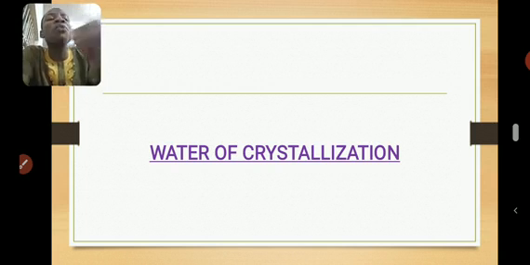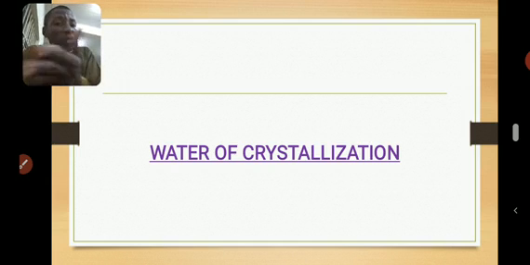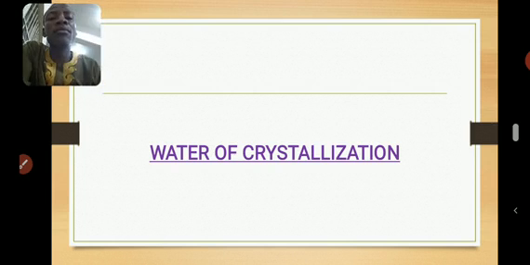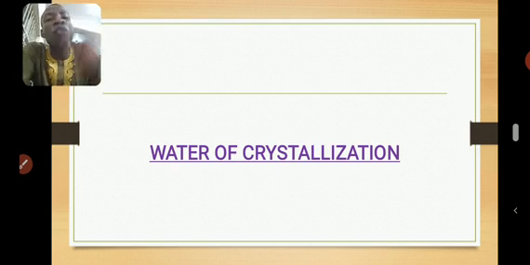This water molecule amount is definite for each salt, and there are some salts that don't form water of crystallization when they crystallize, like sodium chloride and potassium chloride. But the majority of the salts that you recover by crystallization usually come up with a definite amount of water molecules.